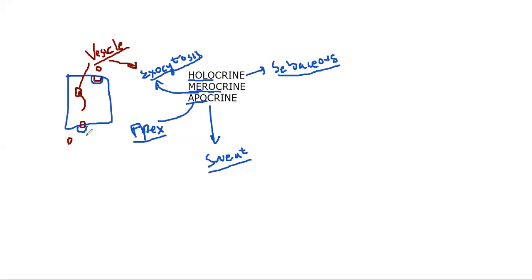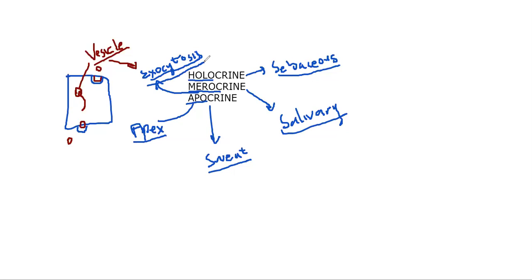So in this case, the great example of a merocrine gland is your salivary glands. This vesicle that will be going out of the cell will be carrying saliva. It means the cell will synthesize saliva and it will diffuse into the vesicle. Then that vesicle will be pushed out by the cell membrane. This process we call what? Exocytosis. Are we clear?